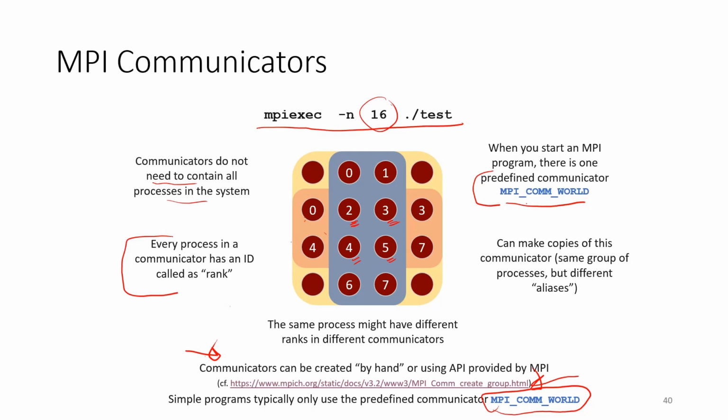It's something that we have to explain to you once and for all, so that you get an idea why we have this MPI_COMM_WORLD, and why we need to refer to it when we have a default setting where we only specify a certain number of processes and we want to refer to one of them.